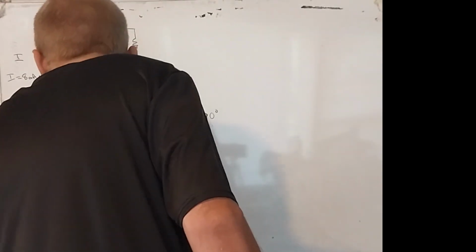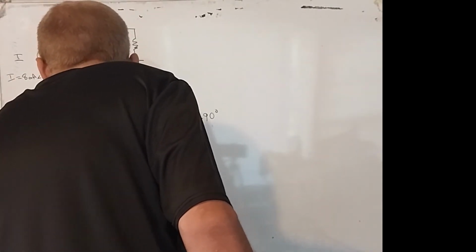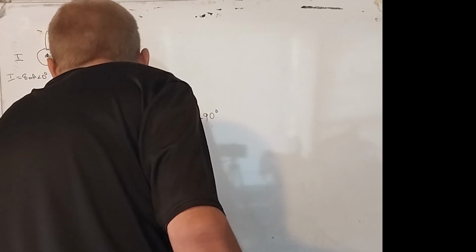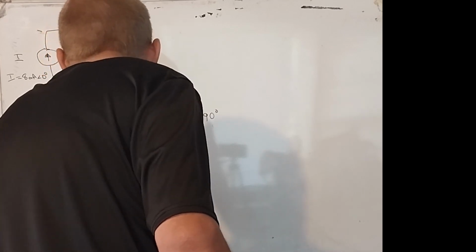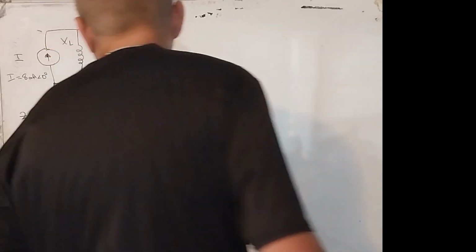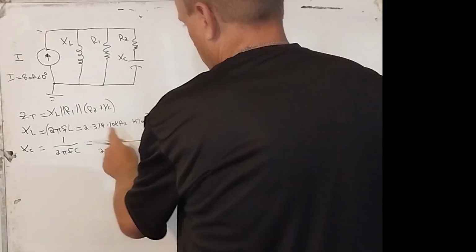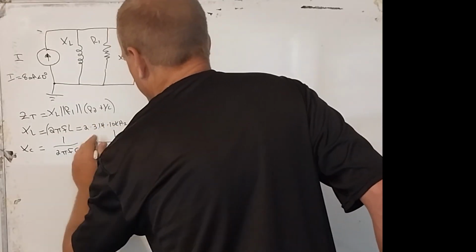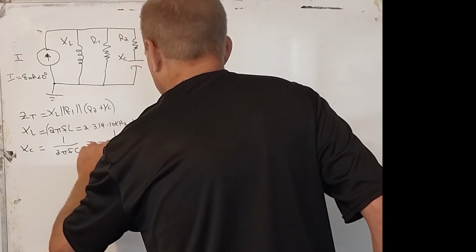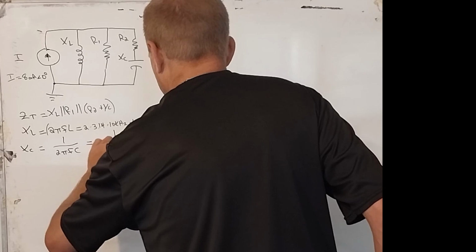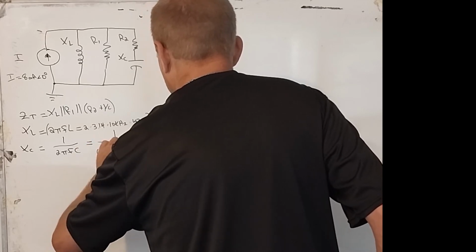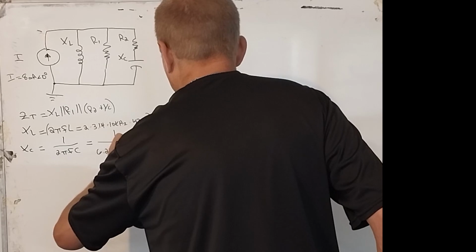And then we have X of C, 1 divided by 2 times pi times F times C. And that's equal to, and this is 2 times 3.14, I could just put 6.28, times 10 kilohertz times 0.01 microfarads.